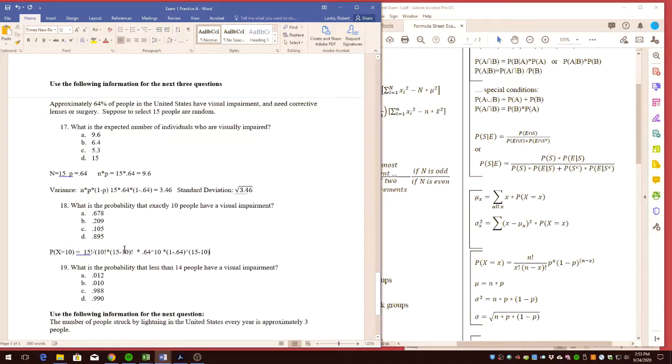Now if I wrote this out like this, I can enter this in my calculator, I should be okay, but we can simplify this, right? I know 15 minus 10 is 5. Maybe it's not as easy to do in my head, but I can enter this in my calculator. So okay, 1 minus 0.64 would be what? 0.36. Okay, and then here I've got 15 minus 10. Again, I know that's 5. So now it's simple, just made it a little bit easier to deal with here. So we could enter this into our calculator.